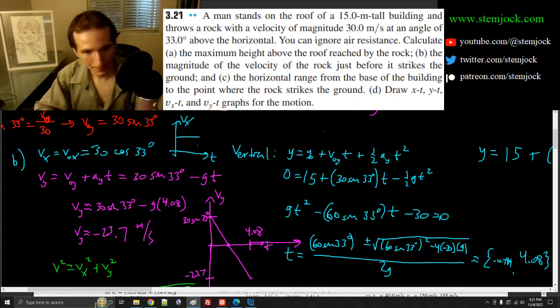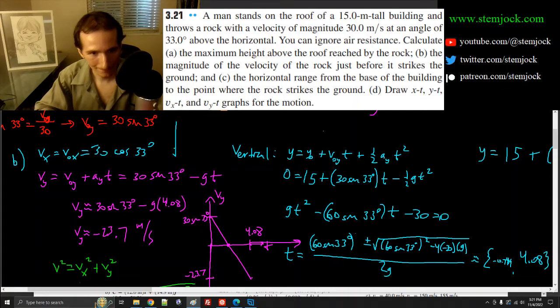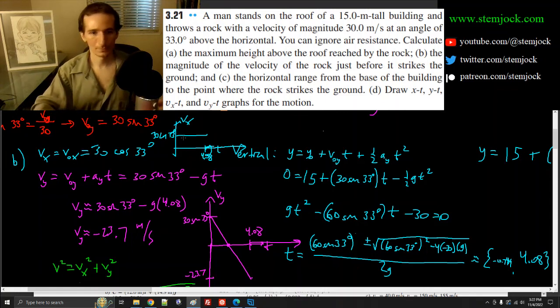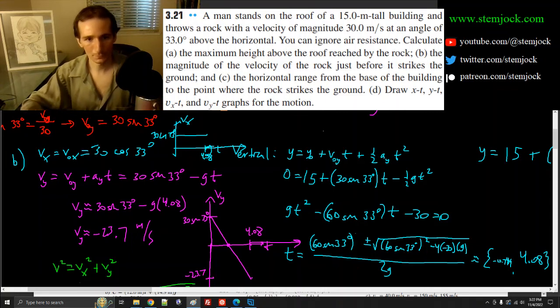I didn't draw it very straight, but Vx versus t is going to be straight like that until it reaches 4.08, and then it stops moving to the right. So once it hits 4.08 seconds, Vx is 0 all the way to the right, like this. And this y value here is 30 cos 33 degrees. Yeah, and those are the 4 graphs.